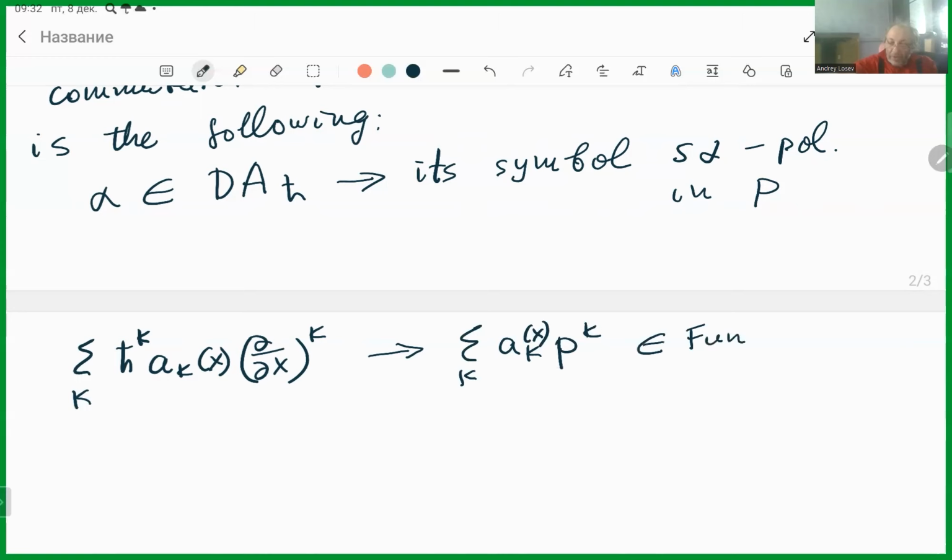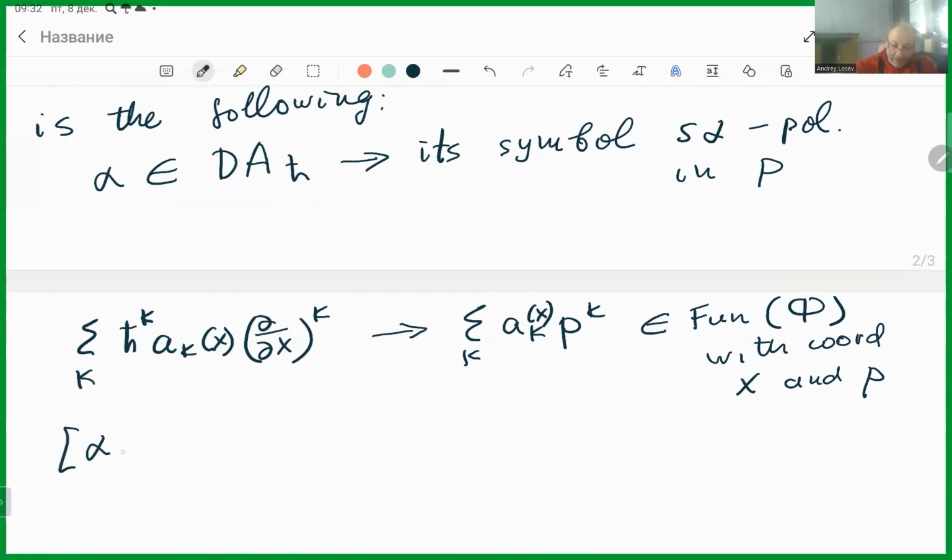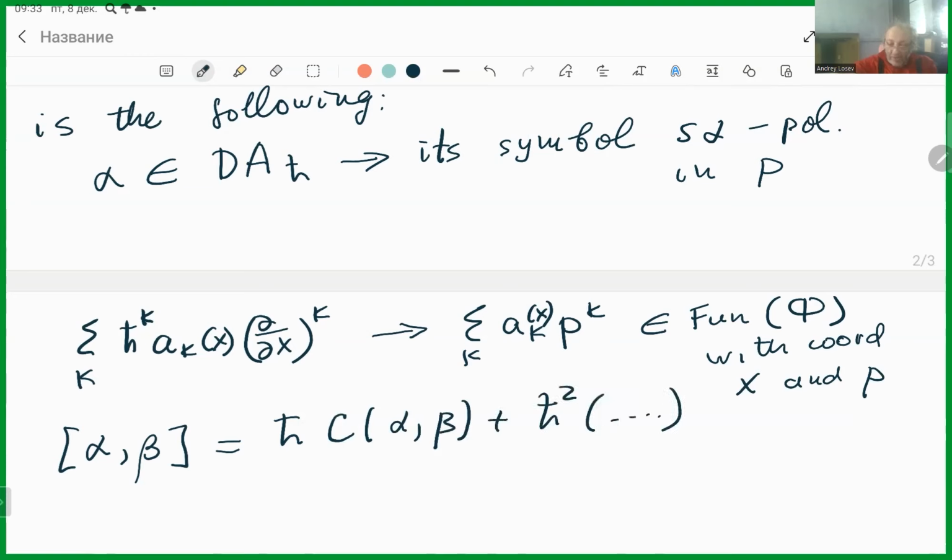So these are the functions on the phase space phi with coordinates x and p. Now, the commutator of alpha and beta equals h times something that I call c of alpha, beta plus h squared times something that I'm not very interested in.